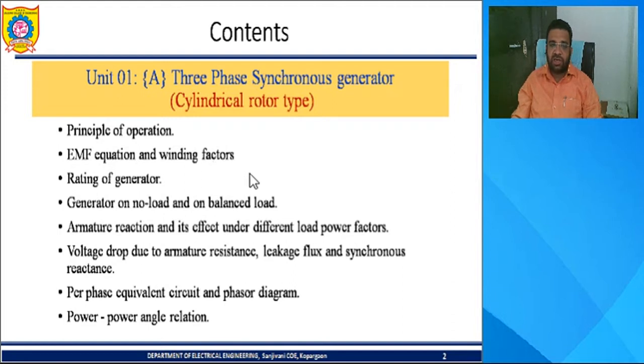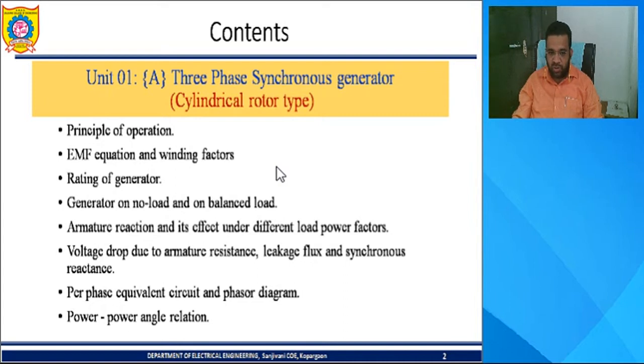Then there is the rating of generators, how the generators are rated. Then we can say the generator is on load and no load. When no load is applied, how does the generator behave, and if a balanced load is put on the generator, how does the generator behave. Then armature reaction and its effect under different load power factors.